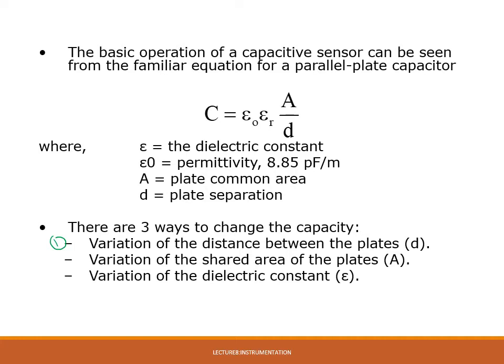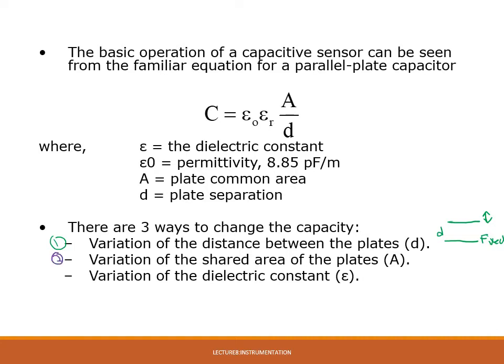It means that we have a fixed plate, then the moving plate will move up and down. So the distance between the plates will change when the moving plate moves up or moves down. The second way is by variation of shared area.